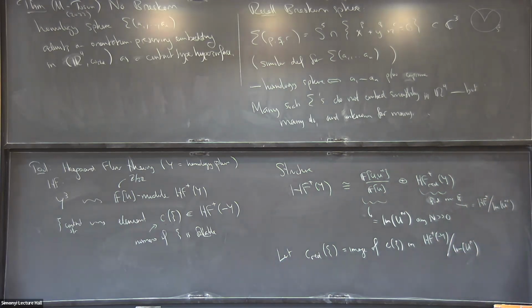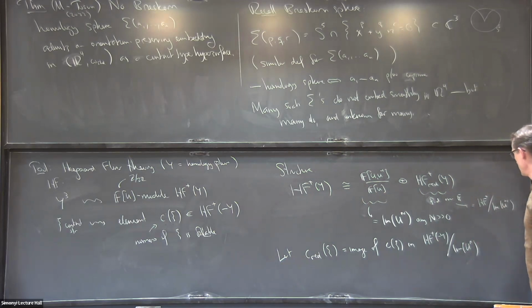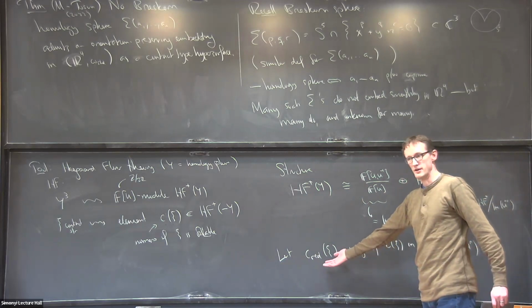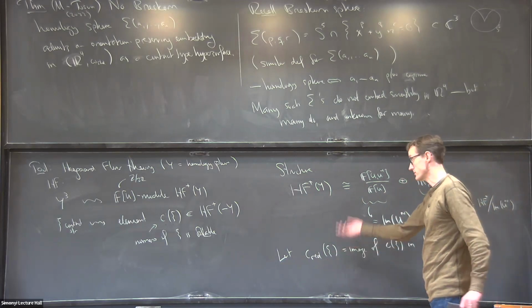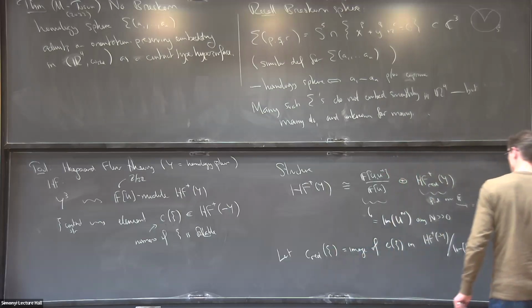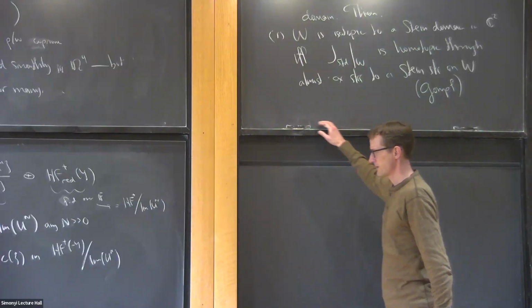If you know something of Heegaard Floer, this isn't super deep. If you don't, here's this invariant that lives in some group associated to the 3-manifold. And the obstruction is essentially that this has to vanish if you're going to be a contact type hypersurface in R4.